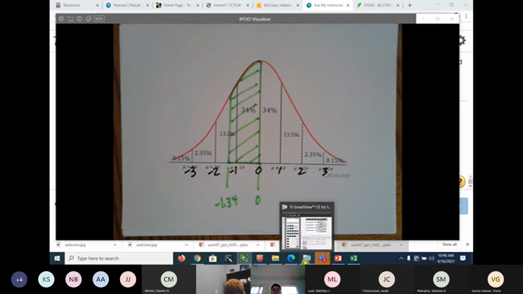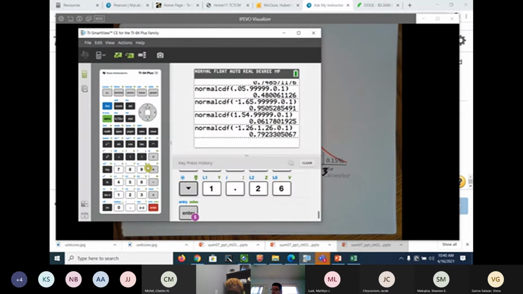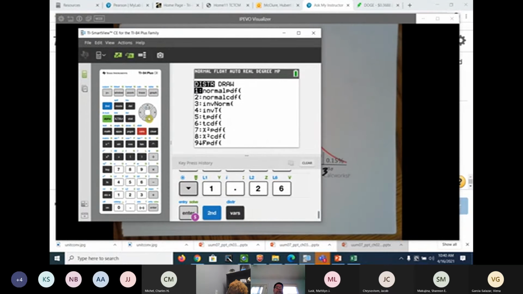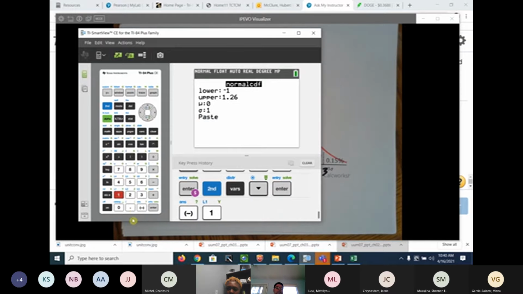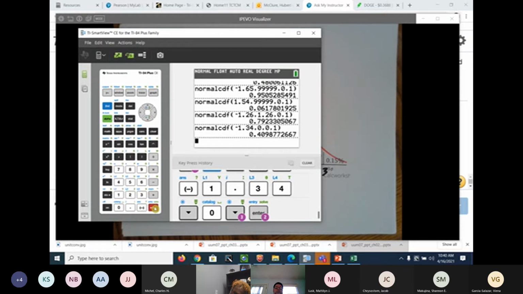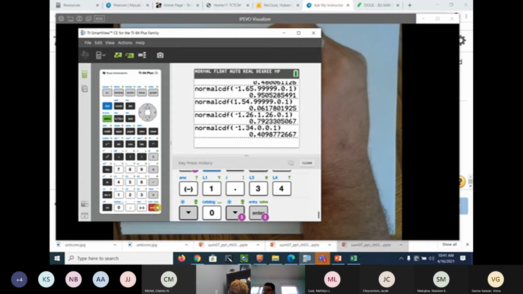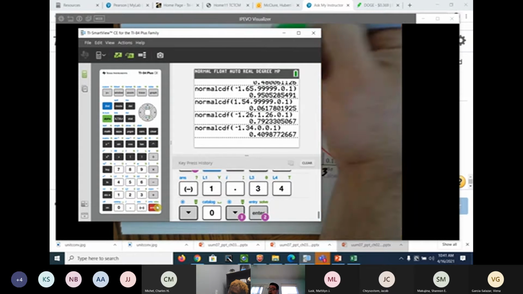Negative 1.34 to what? 0. Negative 1.34 to 0. I got 0.4099.